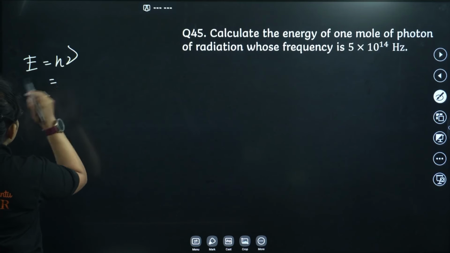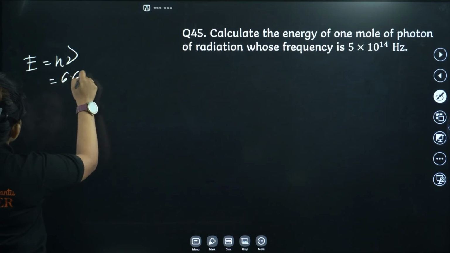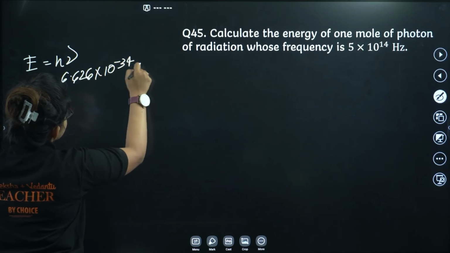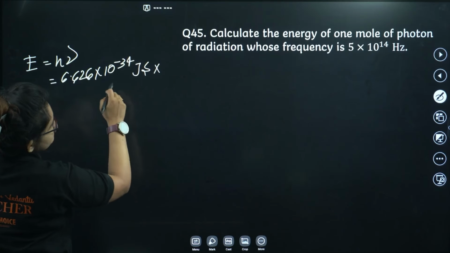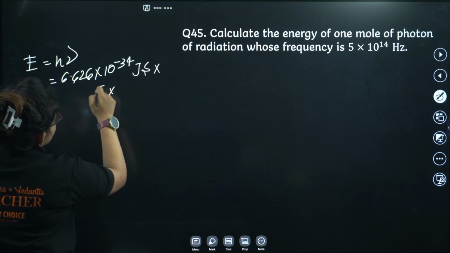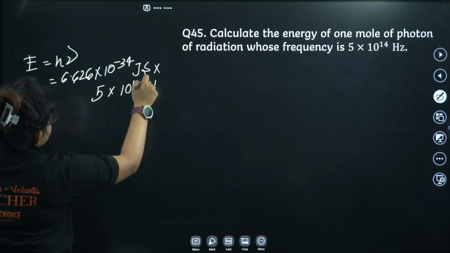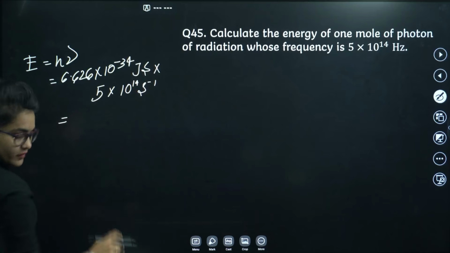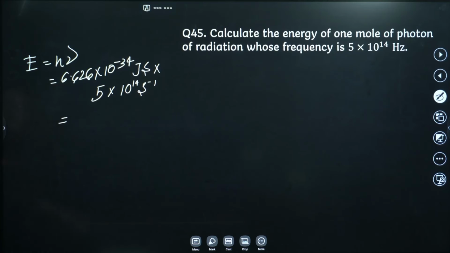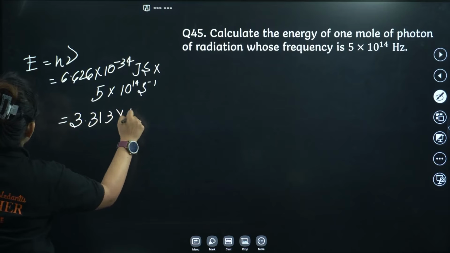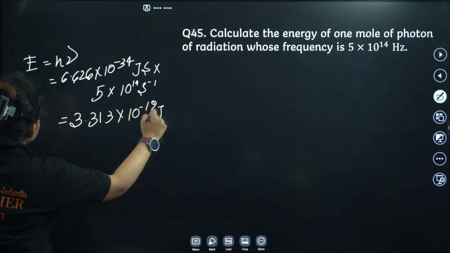So h is 6.626 into 10 power minus 34 joule second into nu value, which is given as 5 into 10 power 14 Hertz. Hertz means second inverse, so second inverse will be cancelled out. If you calculate this, it will come up to be something like 3.313 into 10 power minus 19 joule.